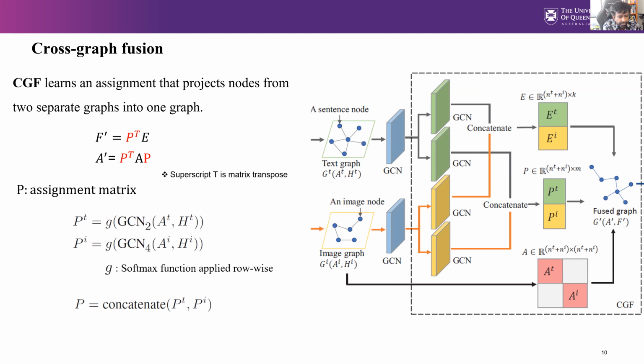I think the direct way is to divide the medical image into patches, model the correlations between the patches, and then build the image graph. I think that's one of the direct ways to do that.